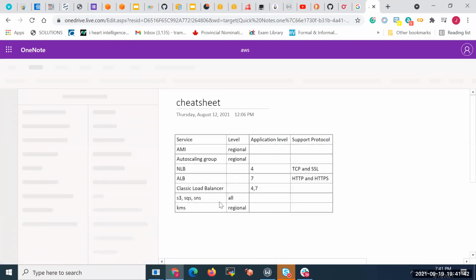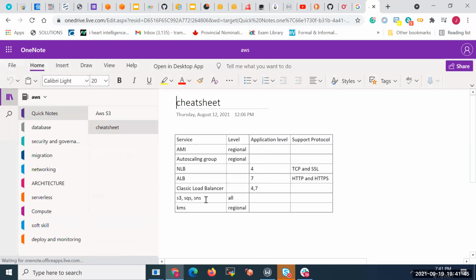Okay, so you can see here, for example, some services like S3, SQS, SNS, the level of availability is global, so you have no restriction in selecting a region. But some services, like EC2 which I just showed you, which is an instance, will be bound to a region.